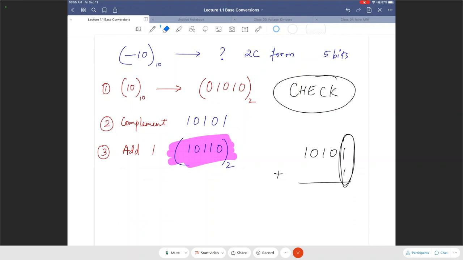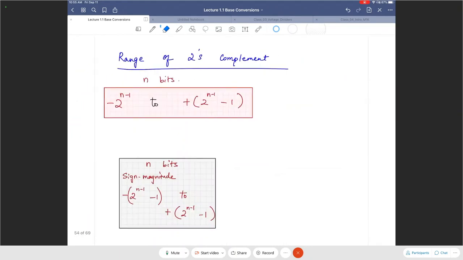How did we get the bit ranges again? Well, we didn't get the bit ranges just yet. So the range of 2's complement using n bits will be negative 2 raised to n minus 1 to positive 2 raised to n minus 1, minus 1. We lose 1 bit for the sign, and we gain 1 position on the negative side because we have saved negative 0.